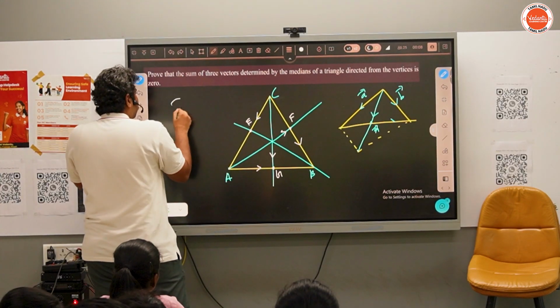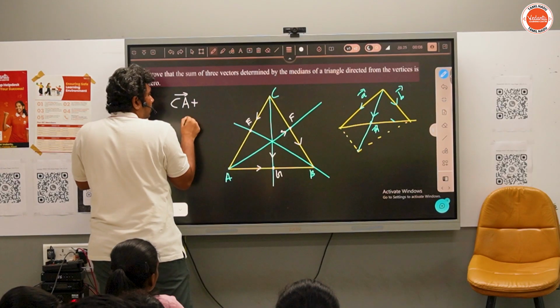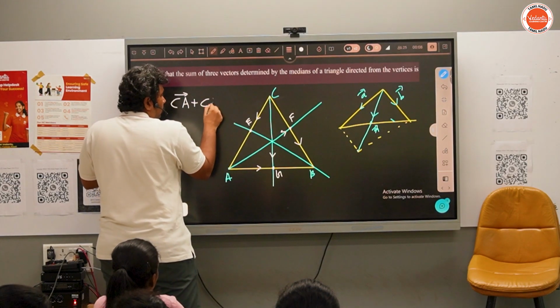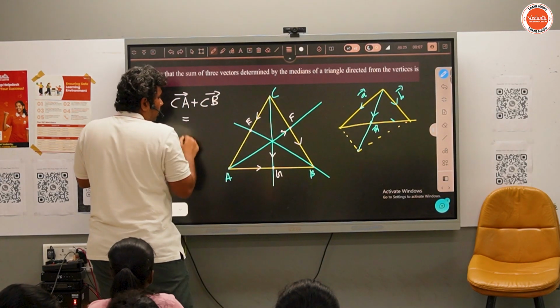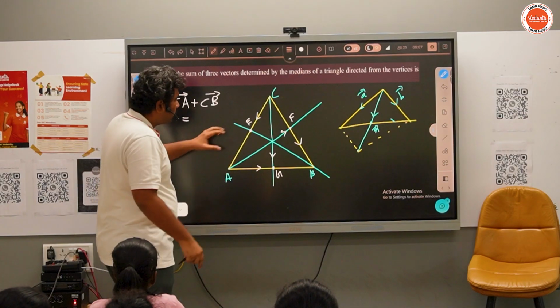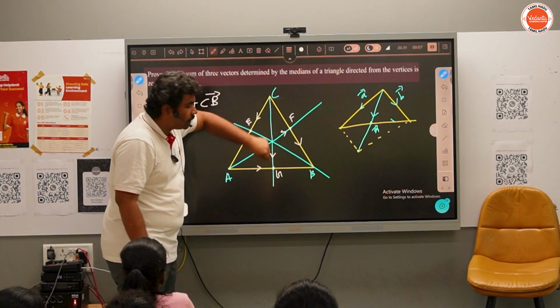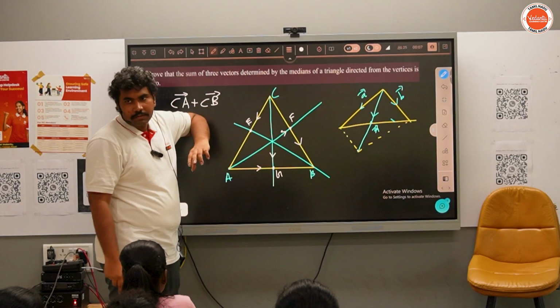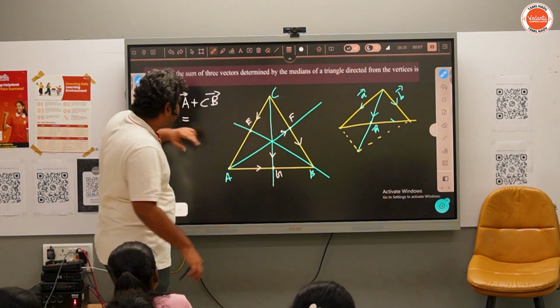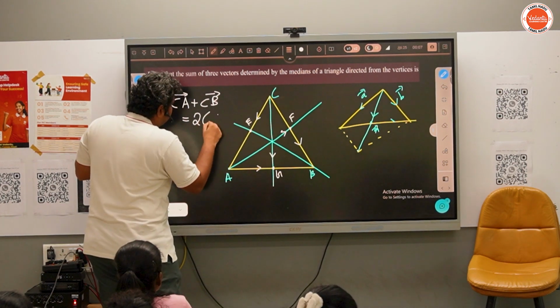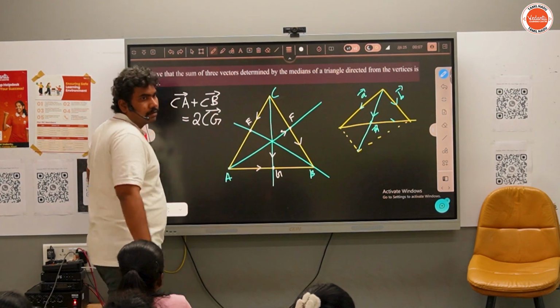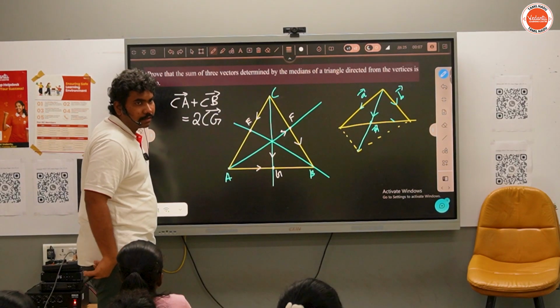Okay, so CA vector plus CB vector is going to give me the resultant. That resultant you can say it is 2 times of CG vector. Can you get the point? 2 times of CG vector.